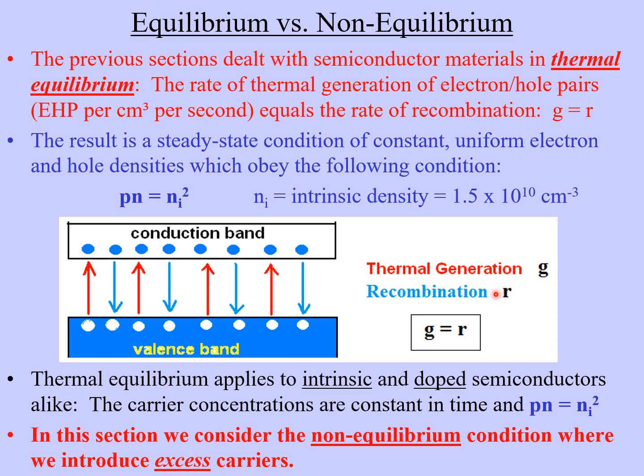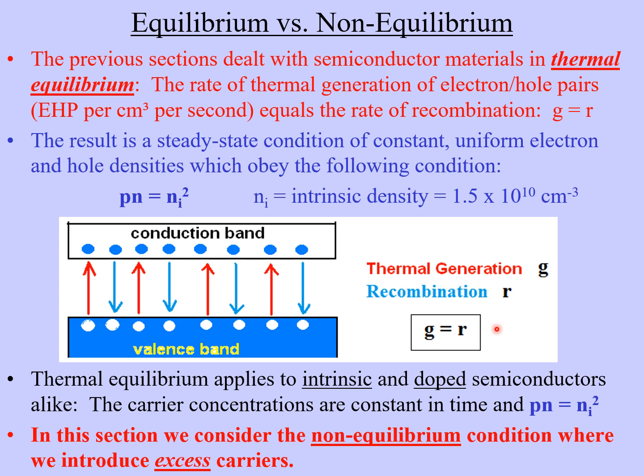That recombination rate is called R. At any given temperature, a semiconductor is normally in equilibrium and these two rates are equal. Electrons are constantly jumping up and jumping back down, and we end up with this equilibrium condition. That's what thermal equilibrium means for a semiconductor. So G is equal to R.